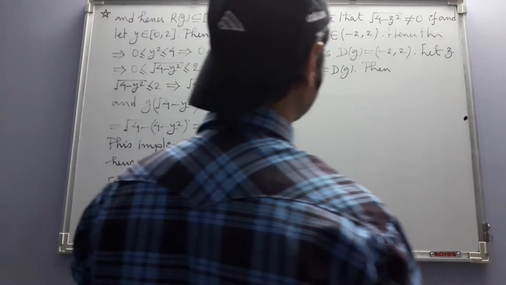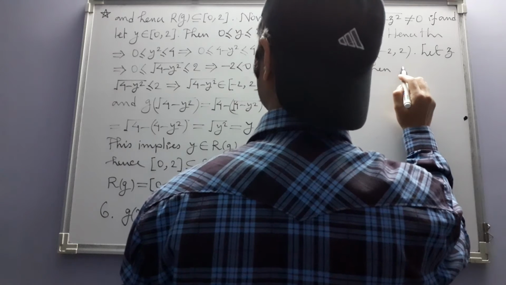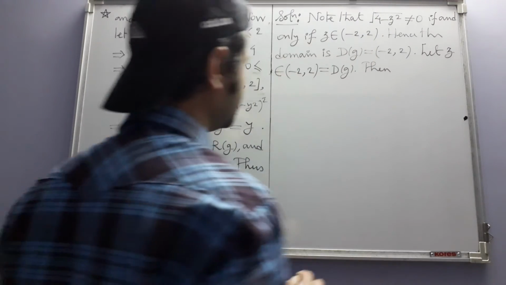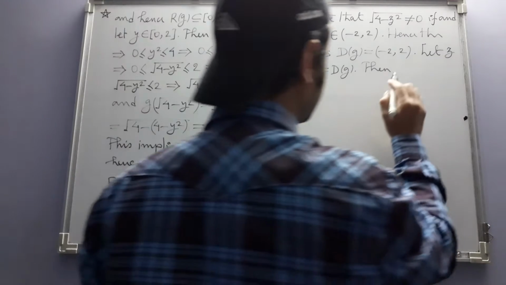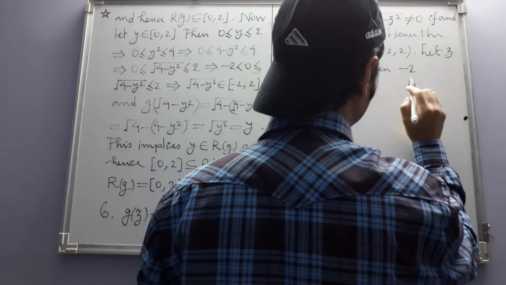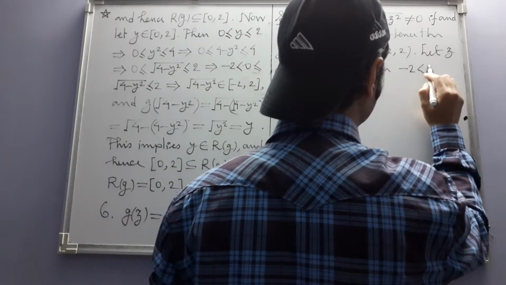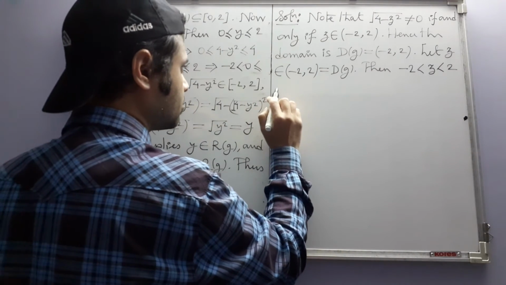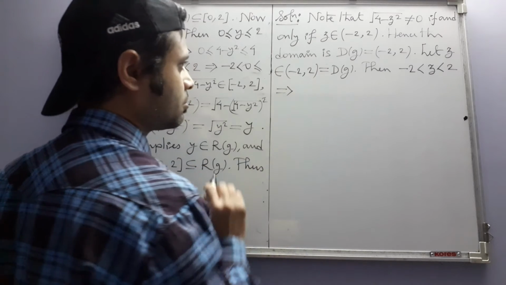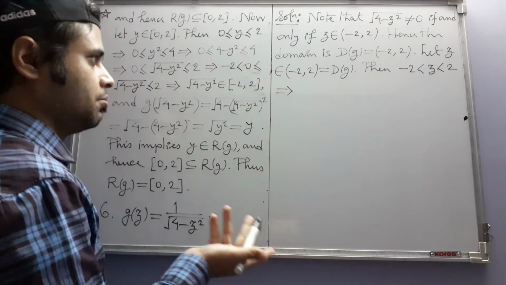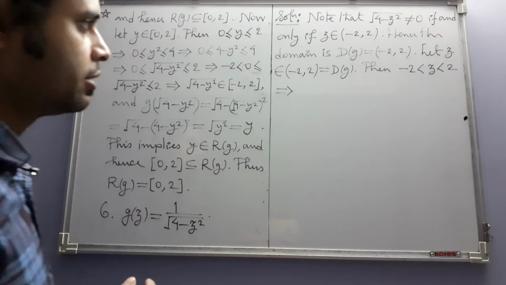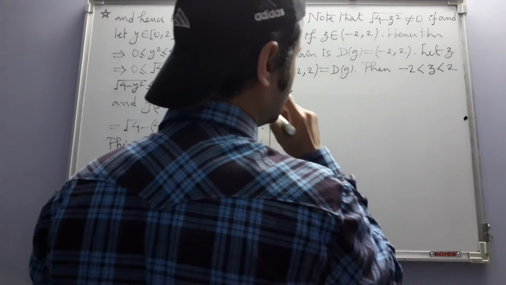Then, okay, instead of taking leaps of faith, let us do the calculation. So being here means being in between minus 2 and 2 strictly, right?